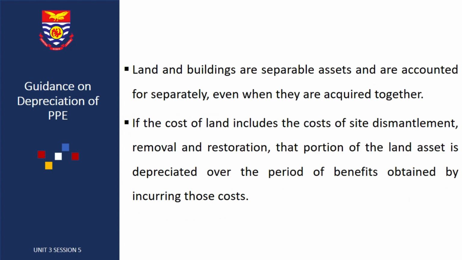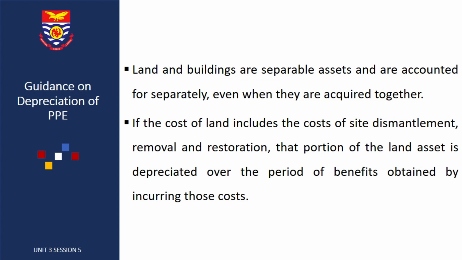Land and building are separable assets and are accounted for separately, even when they are acquired together. One thing you need to understand is that land is a non-depreciable asset. However, buildings are depreciable assets. So anytime in the question, land and building were given to you together, you need to separate them and depreciate the building.